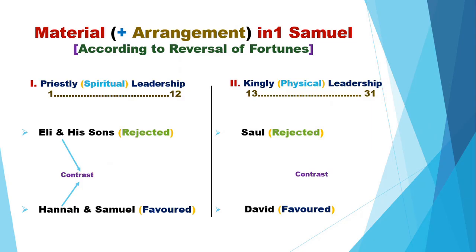In the second main division of the material, we have another contrast between Saul and David. The contrast is that Saul is going down and David's trajectory is going up. So we have two contrasts, in the first division and in the second division.